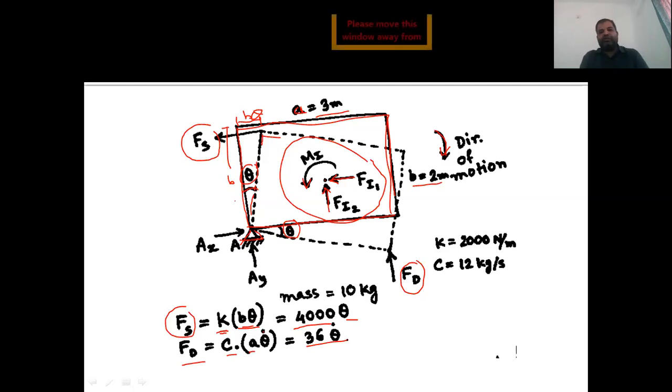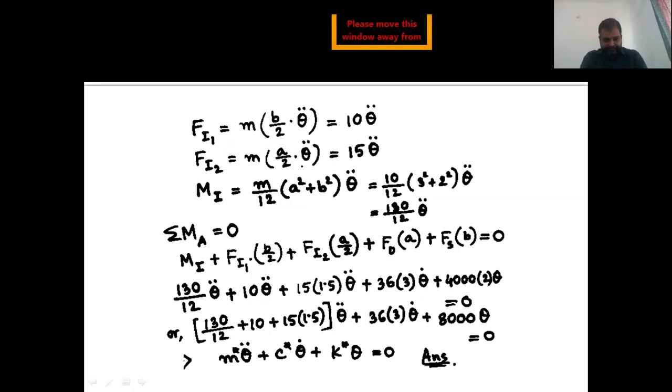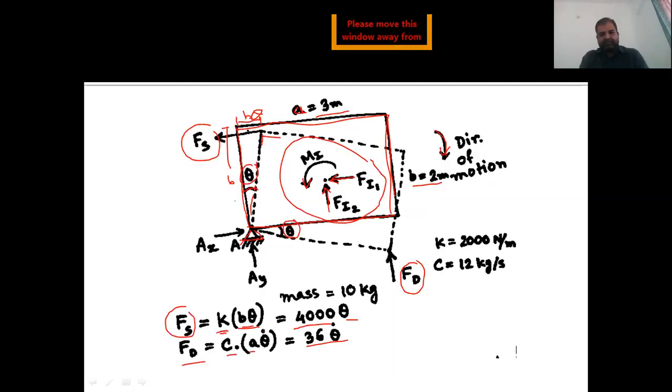Now, these two forces I got. Now I need to find out these three forces together. So first, let us find out Fi1, which is nothing but mass into the acceleration, with the force perpendicular to the face of this angle.